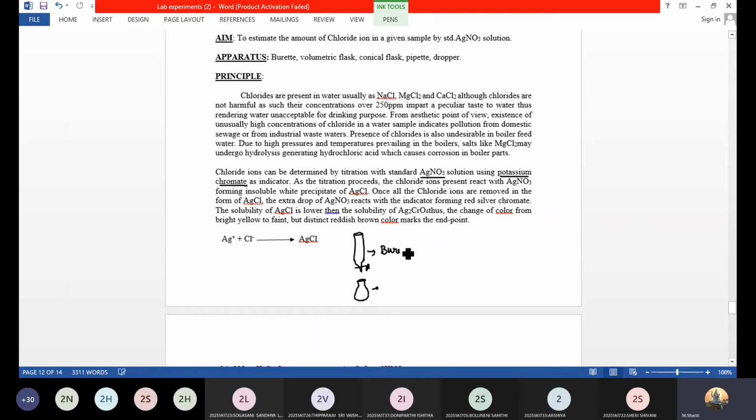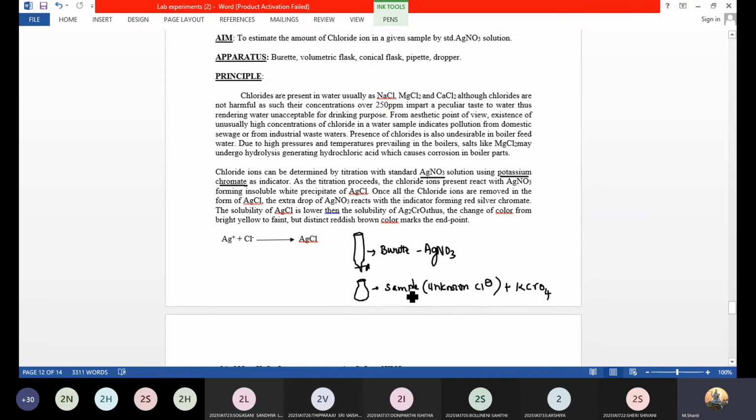This is the burette. The burette contains silver nitrate, and the conical flask contains the sample, that is, unknown concentration of chloride ions. Now to this you are going to add the indicator. What is the indicator? Potassium chromate is the indicator.